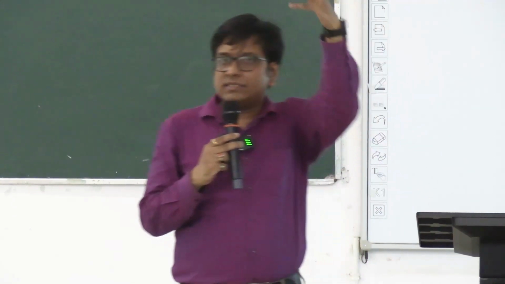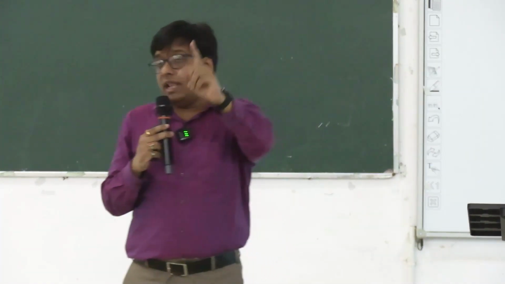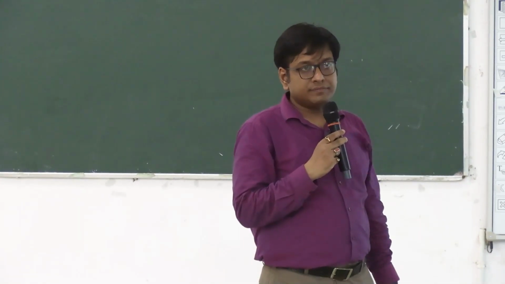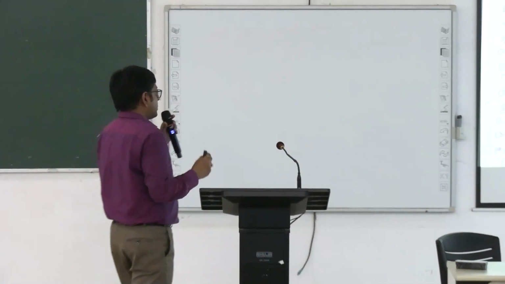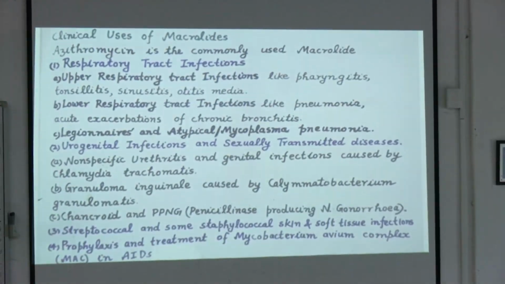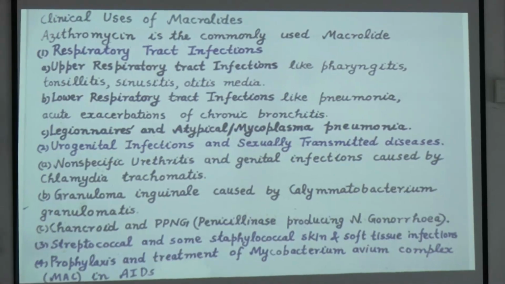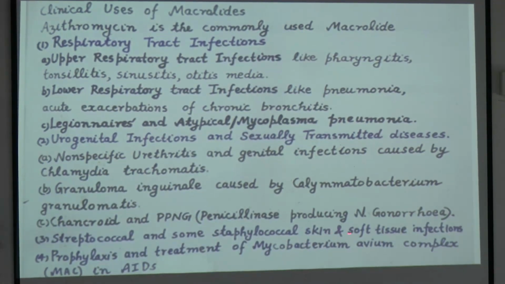And azithromycin, this entire group, azithromycin in particular, is very effective against chlamydia. A single high dose treats chlamydia, okay. So sexually transmitted disease, particularly chlamydia, remember. Besides this, other STDs like chancroid are also treated, and granuloma inguinale too, it works very well, but chlamydia it works wonderfully. And soft tissue infection, again and again I am telling you, soft tissue infection.